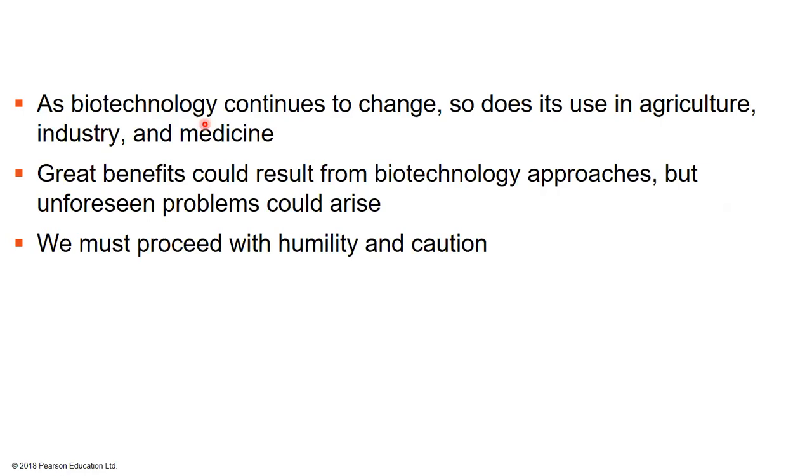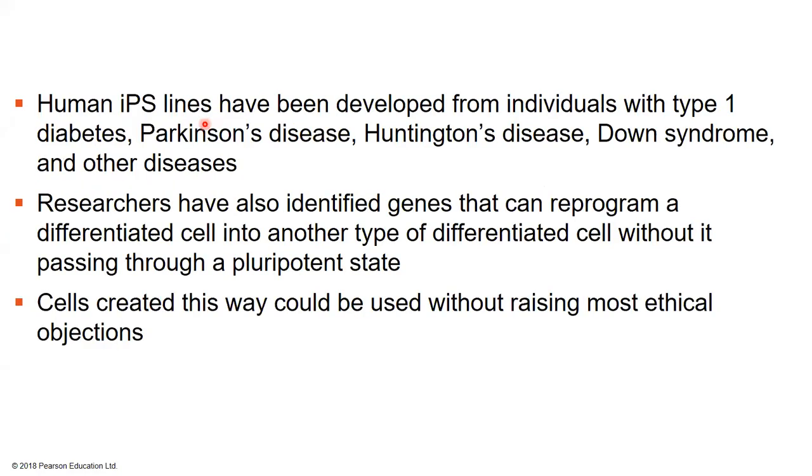These induced pluripotent cells are used to treat, let's say, certain types of diseases like diabetes, Parkinson's disease, Huntington disease, Down syndrome, and many other diseases.